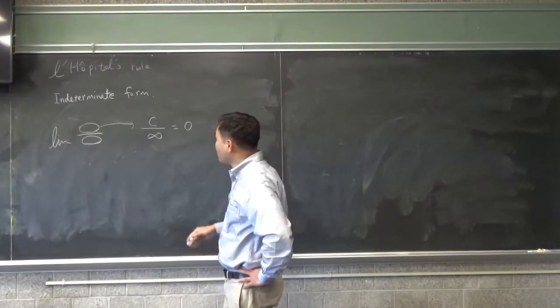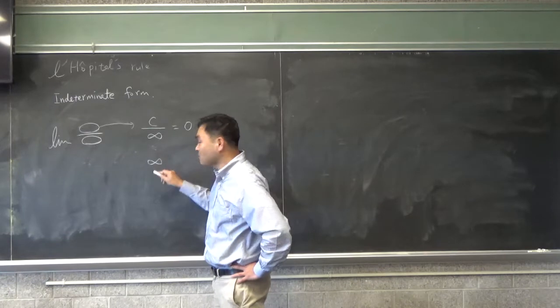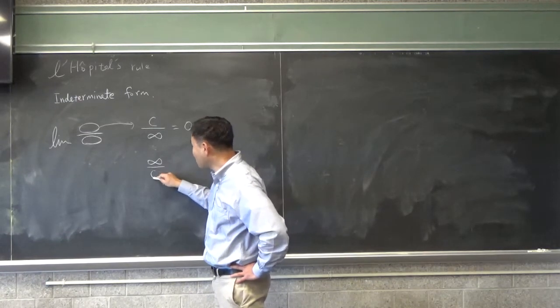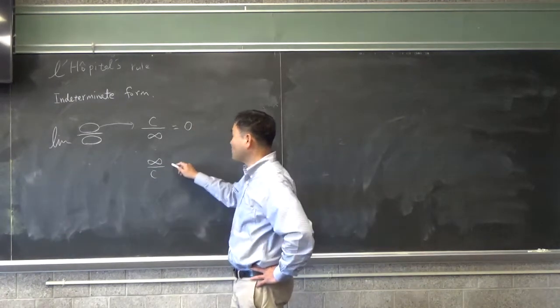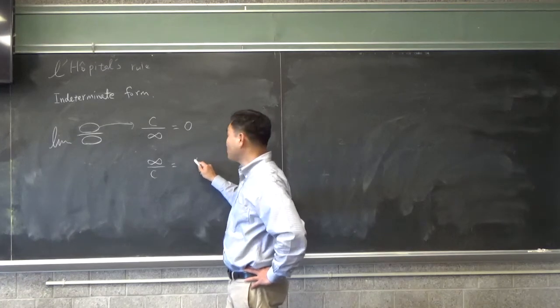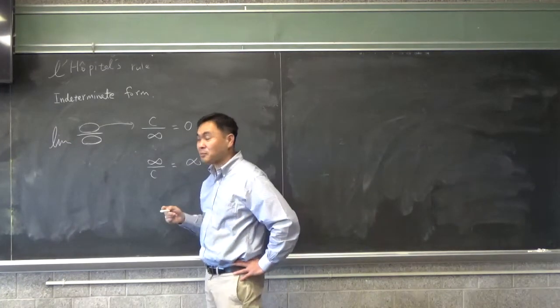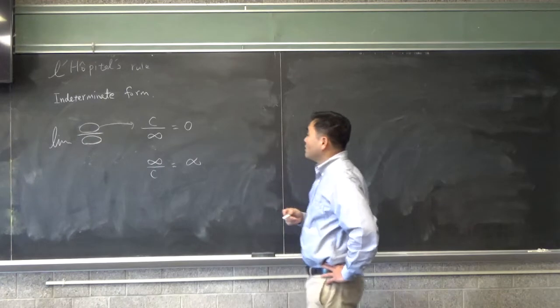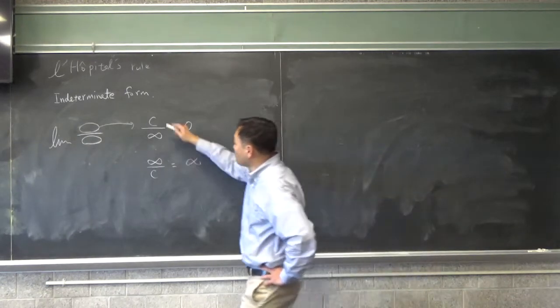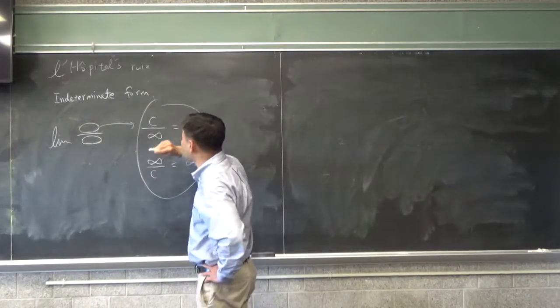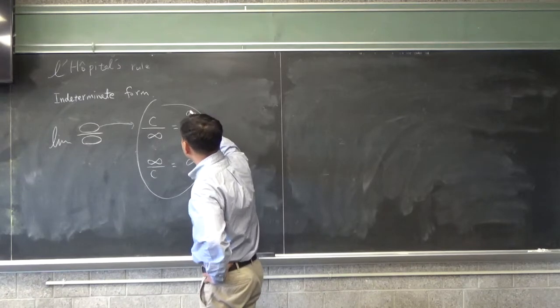On the other hand, if you had infinity on top, but some constant on the bottom, what would this be? Positive infinity, assuming that C is positive. These are examples of determinate forms.